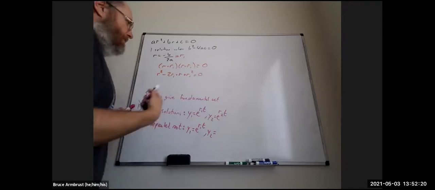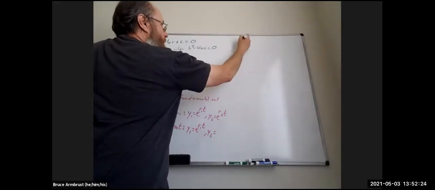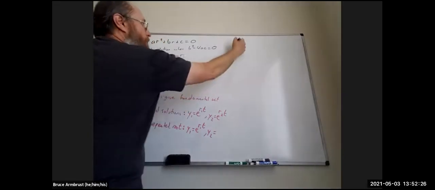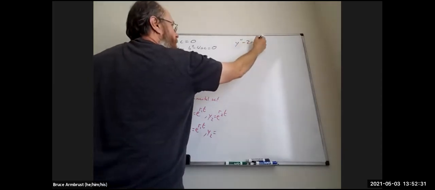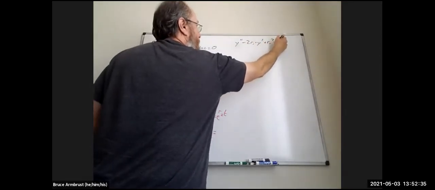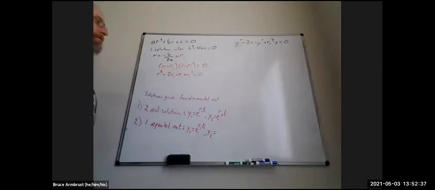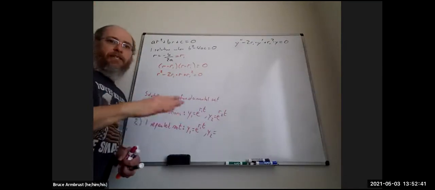So our original differential equation is going to have to be of the form, or be made into the form, y double prime minus 2r1 times y prime plus r1 squared times y equals 0. So notice what I'm doing is I'm just reverse engineering.